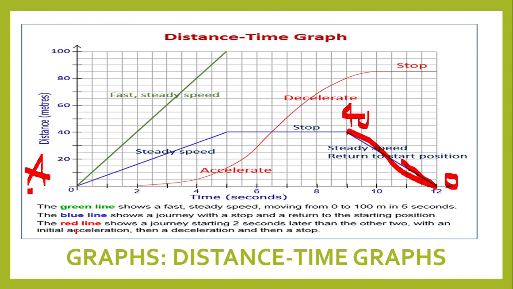Now talking about the red line. The red line shows a journey starting 2 seconds later than the other two, with an initial acceleration, then a deceleration, and then a stop. Before talking about the red line, I want you to remember that the gradient of a distance-time graph represents speed.